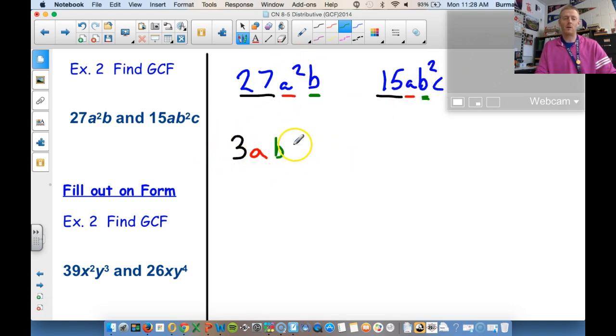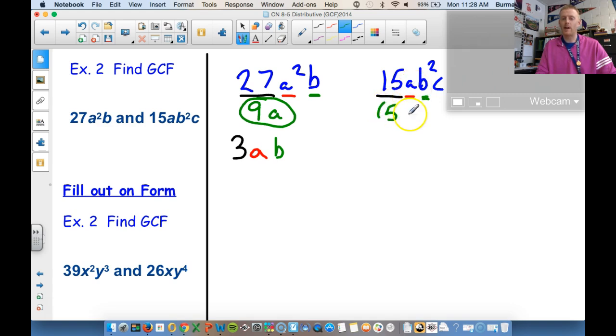And now what would be left over if we divided out 3ab? Out of this one we would be left with a 9 and an a, because we divided out the b, one of the a's, and a 3. Now if we do the same thing over here, the leftover piece would be a 5.